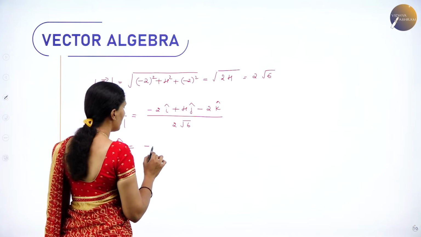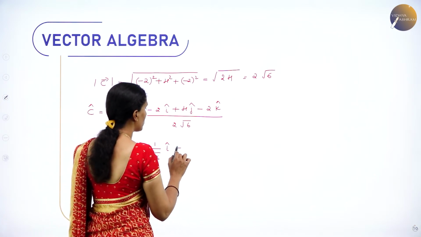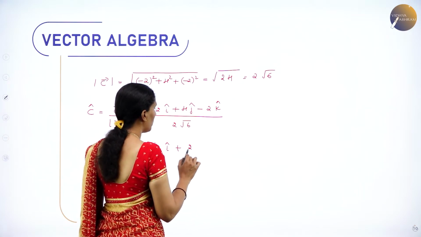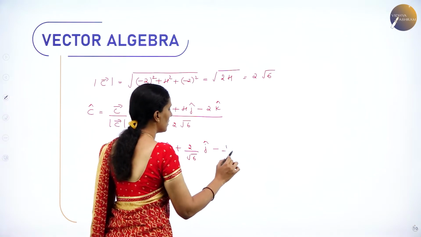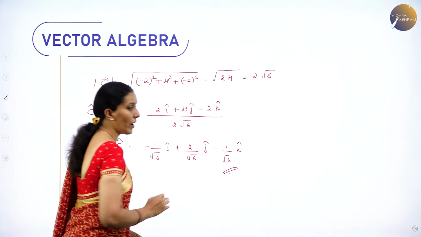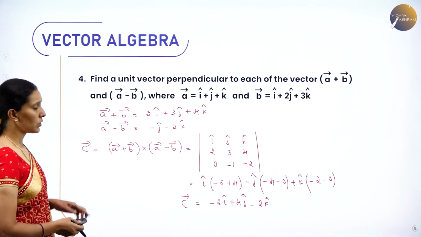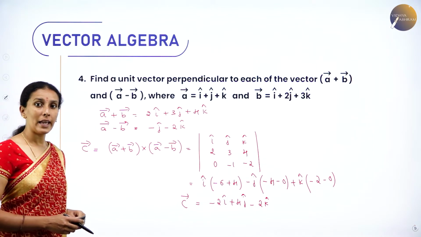So here we have minus 1 by root 6 i. Next we have 2 by root 6 j. Next we have minus 1 by root 6 k. So this is the required unit vector perpendicular to each of the vectors A plus B and A minus B.